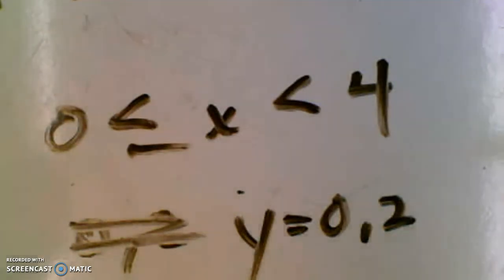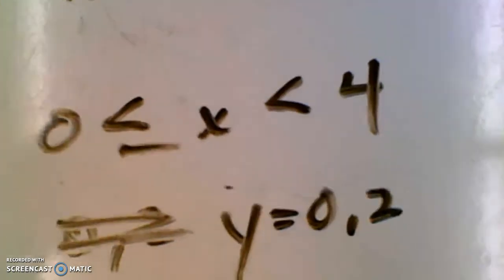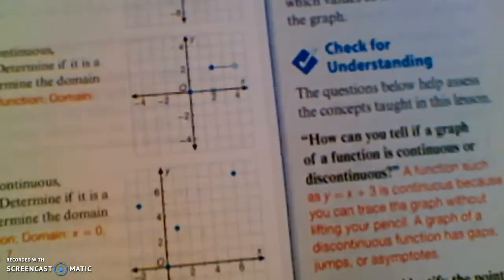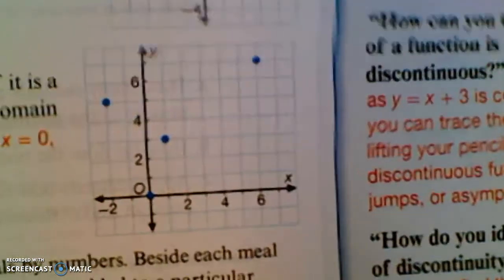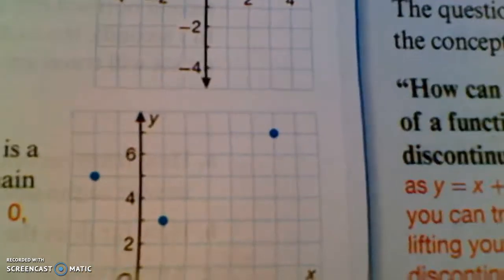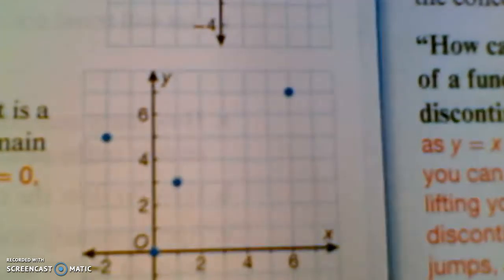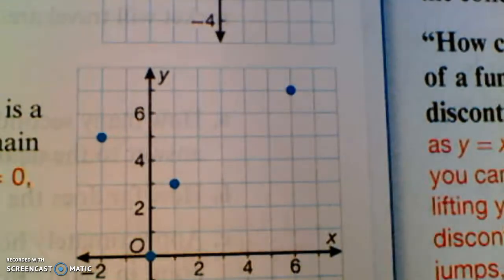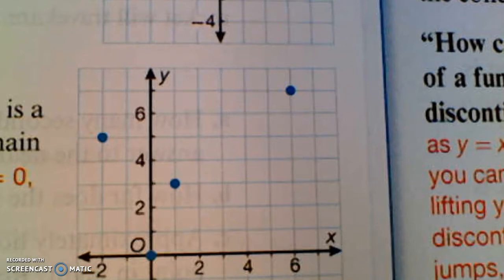Alright, last one. I bet you can guess what this is going to be. Discrete is the one we haven't talked about, at least with domain and range. So, obviously, a discrete function. How many points? I see 4. I agree with that. Okay. So, what's the domain? What's the range?